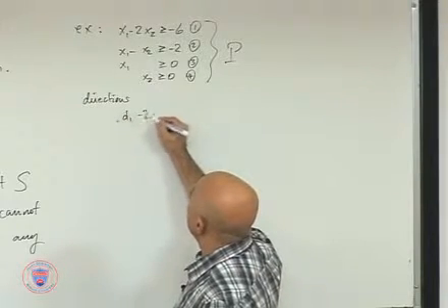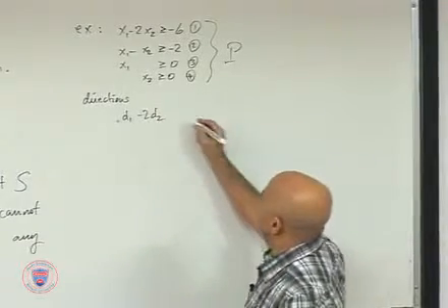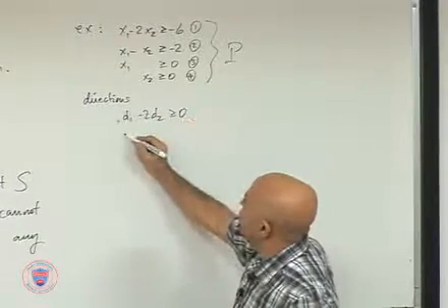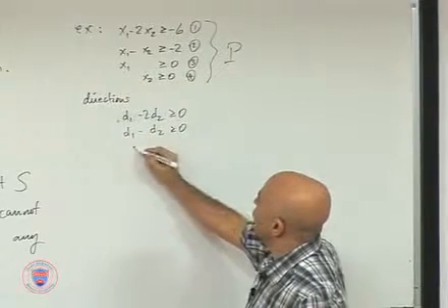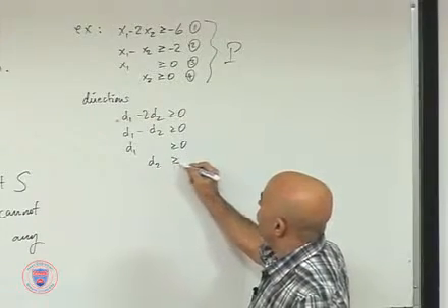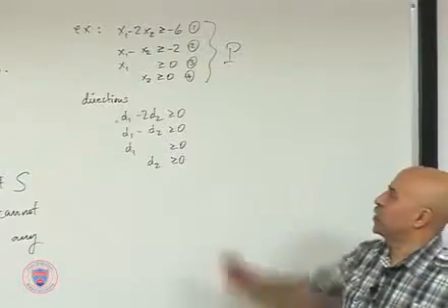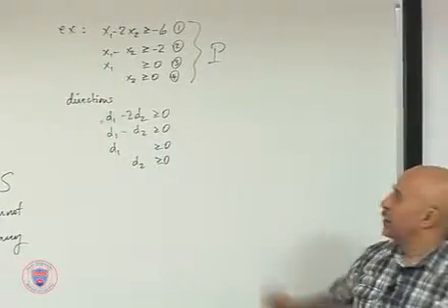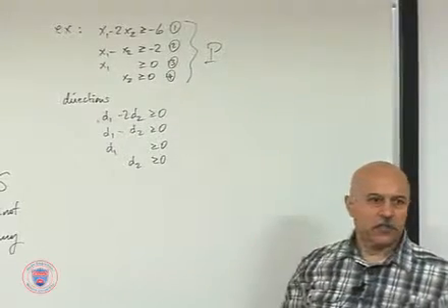Let me change this to D1, D2 greater than or equal to 0, D1 minus D2 greater than or equal to 0, D1 and D2 both non-negative. Of course, number 3 and number 4, they don't change. They are already stated here. The other ones, the right-hand sides, are changed.